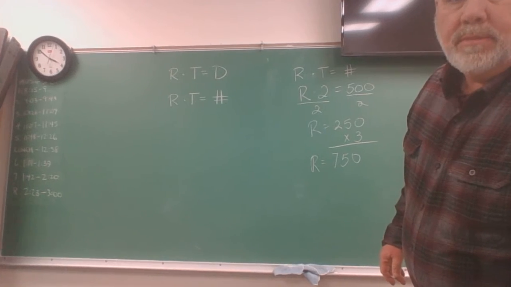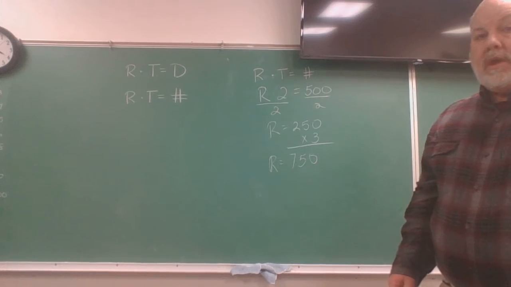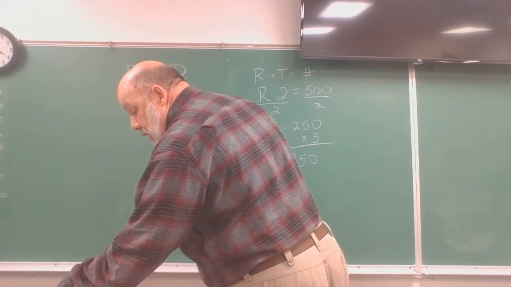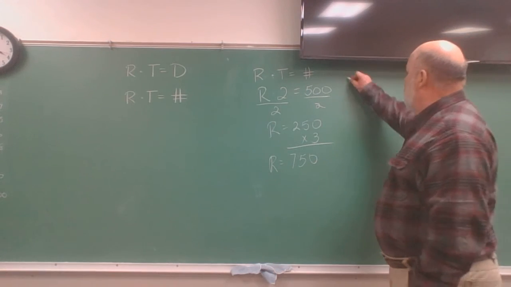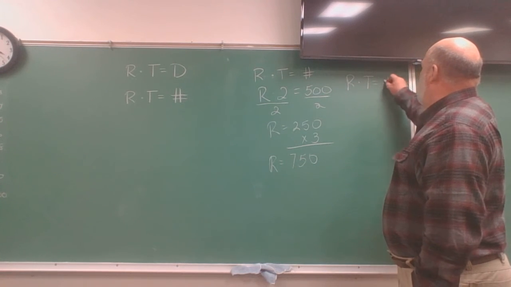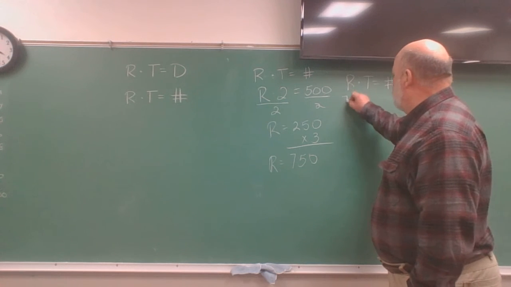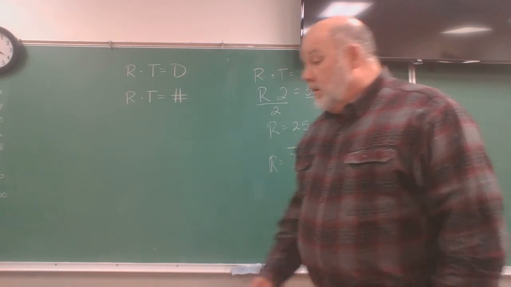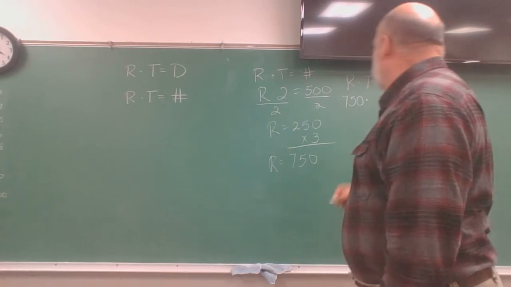I'm going to move this over a little bit so we're not on the edge so much. Okay. Now what's the question? It says, how many bottles could be capped in 10 hours at the new rate? Well, again, we're going to put up another rate times time equals number. This new rate is going to be used right here, 750. And they say, how many could it do in 10 hours?